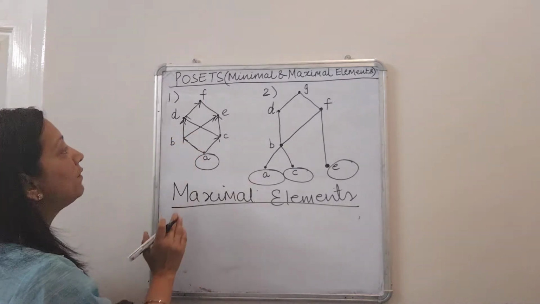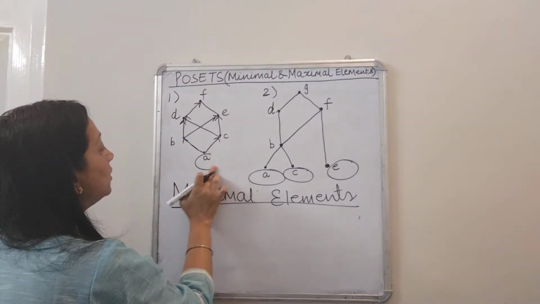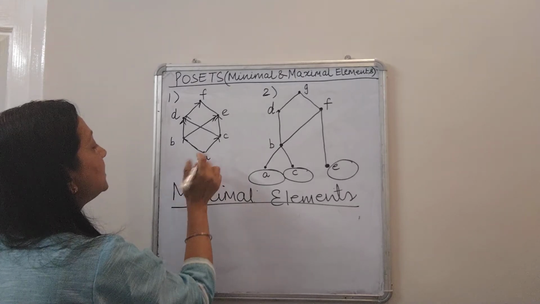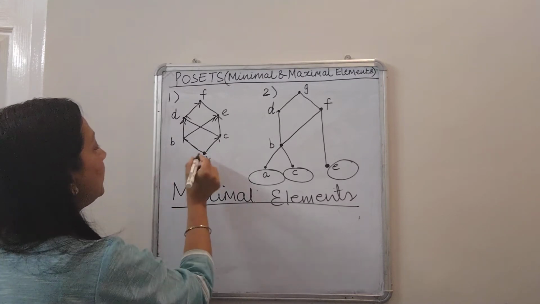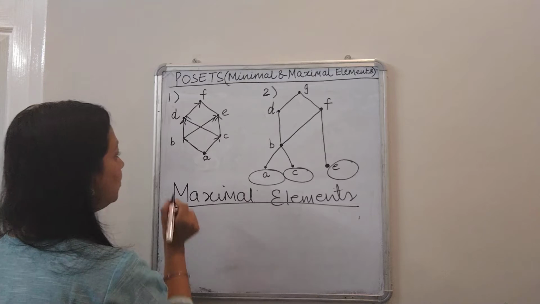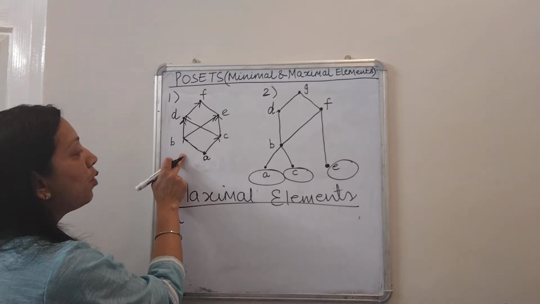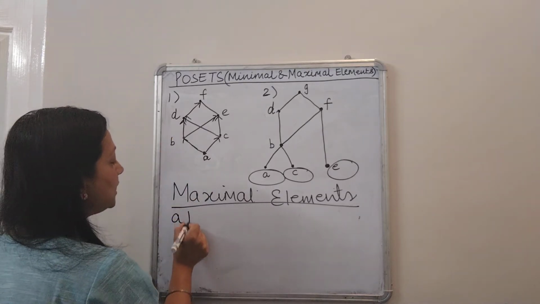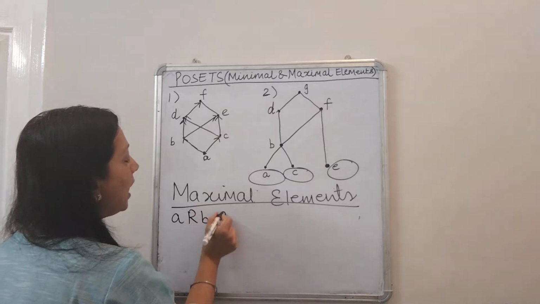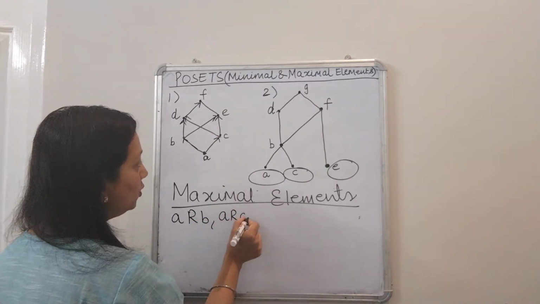Okay, so if I see diagram number 1, the first hash diagram, I am going now from bottom to top. So I know that A is related to B. I know A is related to C.